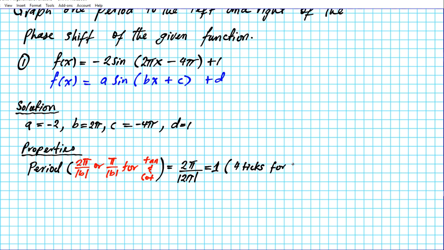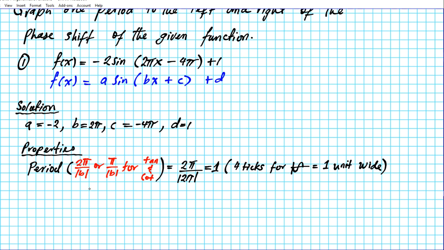We're graphing the negative sine function, so let's draw what it looks like. The negative sine function looks like an s that has been flipped, reflected about the x-axis. So 4 ticks for your reflected sine function is going to be 1 unit wide. That is the length of the period. So keep that in mind.